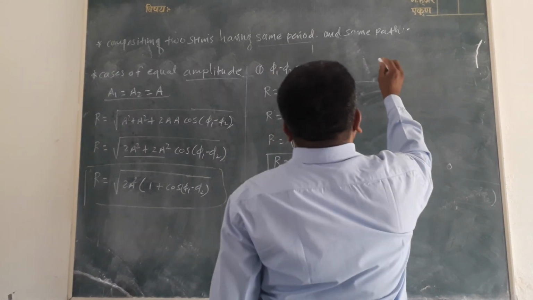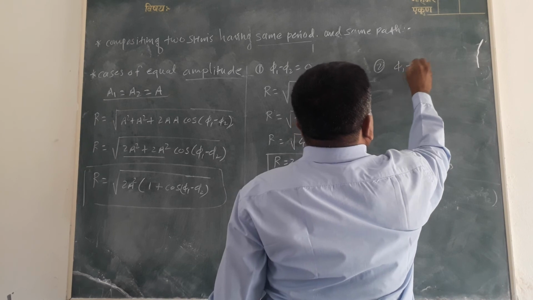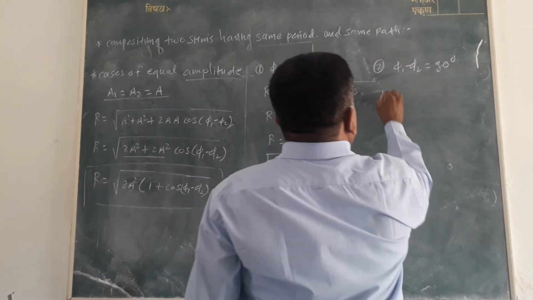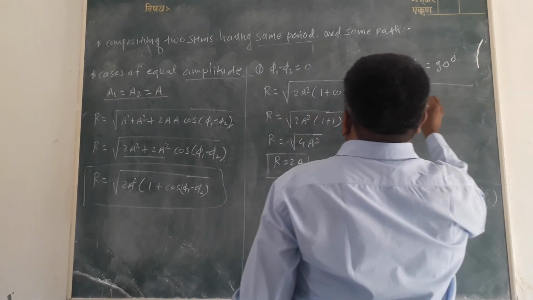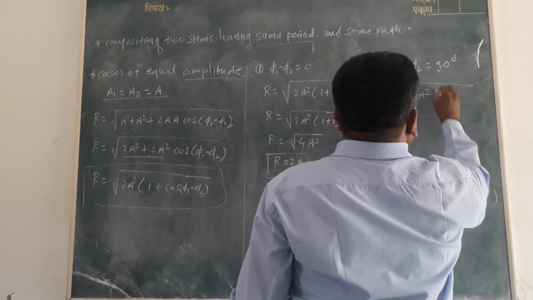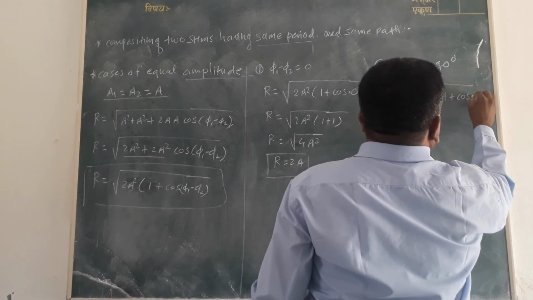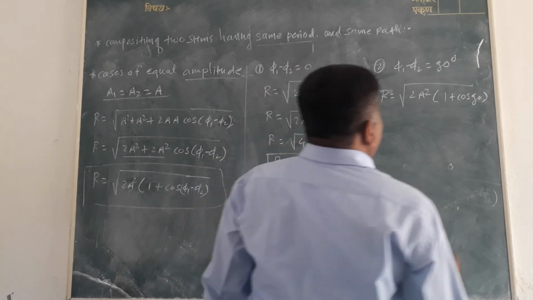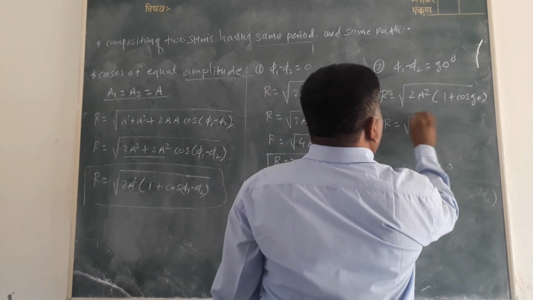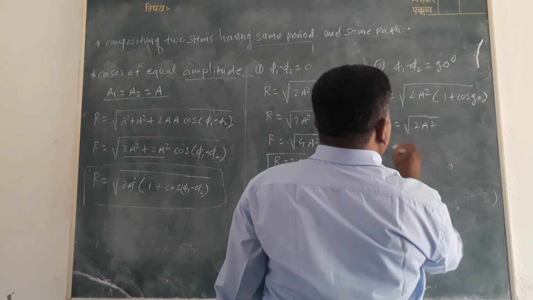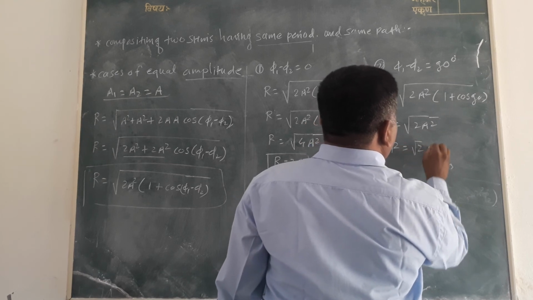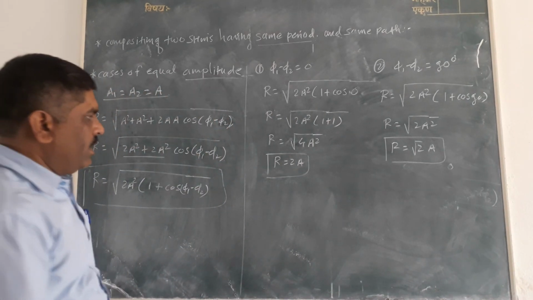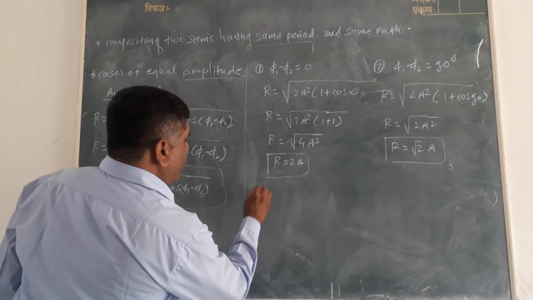Now second case, phi 1 minus phi 2 is equal to 90 degree, therefore R is equal to under root 2A square into 1 plus cos 90 is 0. Therefore R is equal to under root 2A square, or R is equal to root 2 into A. This is second property or case. Now case number 3.